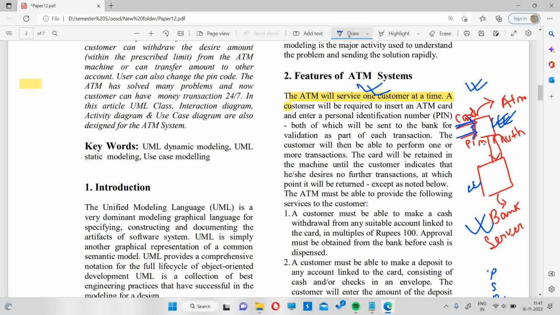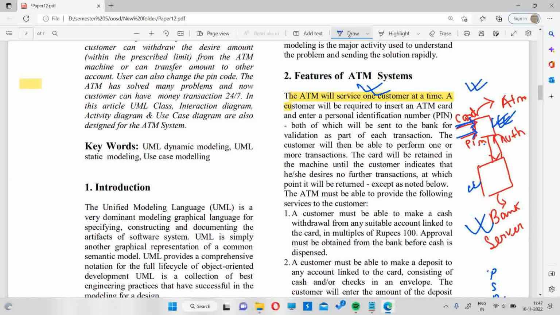The bank server checks whether the PIN we entered corresponds to the card in the ATM machine or not. If it does not, it rejects the card and does not let us initiate the transaction. If it accepts the PIN, it sends an authentication message to the ATM machine, and the machine gives us permission to go forward with our transaction.